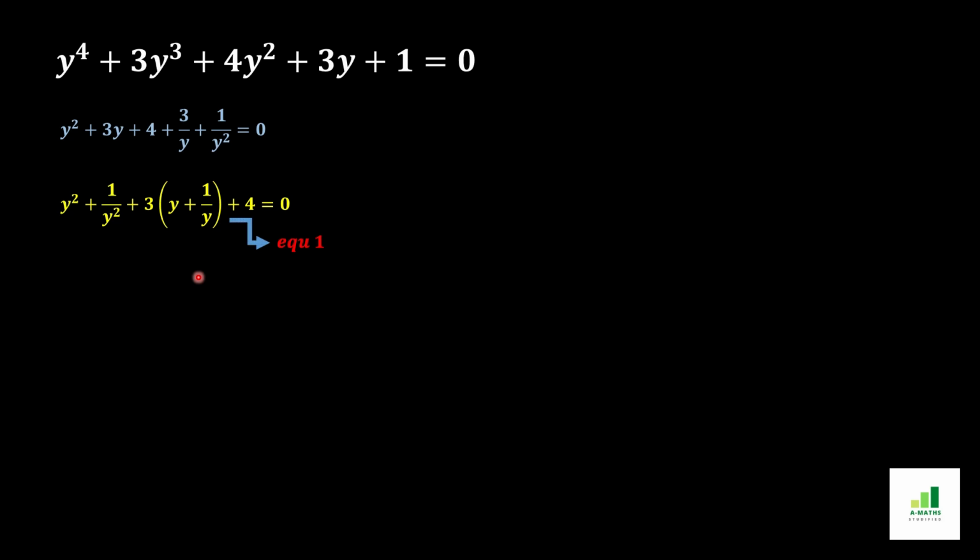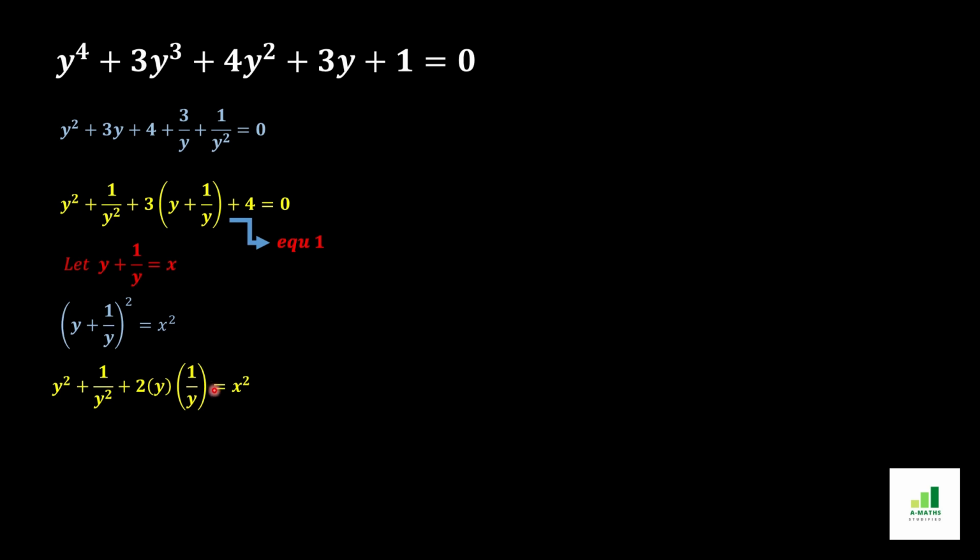Now, I will consider y plus 1 over y equals x. Now apply squaring on both sides of the equation, and we will expand this using the (a plus b) whole square formula, and we will get y square plus 1 over y square plus 2 times y times 1 over y, equals x square.